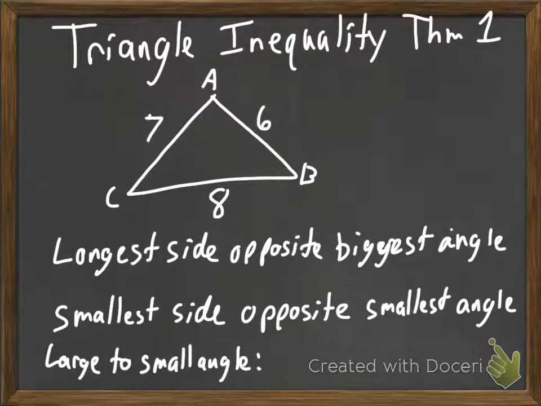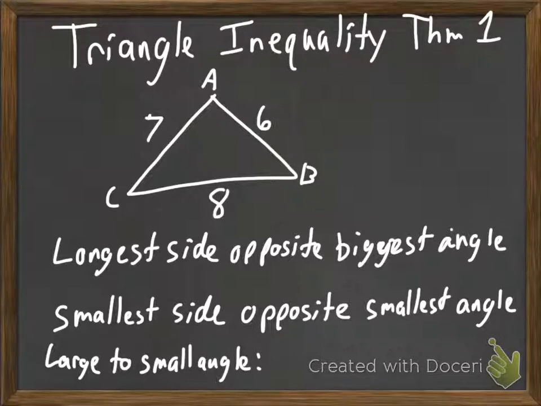Next we have the first of our 3 triangle inequality theorems. The first triangle inequality theorem states that if you know all the sides of a triangle, the longest side is opposite the biggest angle, and the smallest side is opposite the smallest angle, meaning the middle side is opposite the middle angle.